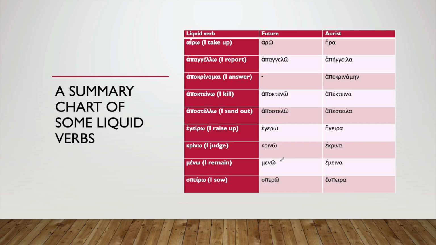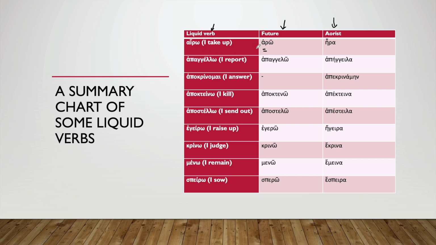So here is a summary chart of some liquid verbs, and this is in the handout. It's also in the book. A form of this is in the book. So what we're seeing here is, again, your present or lexical form, the form that you learned, and we're seeing the future form and the aorist form, noting things like the changes in the stem.